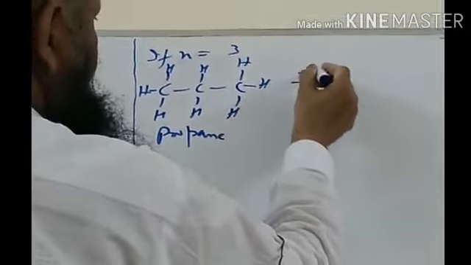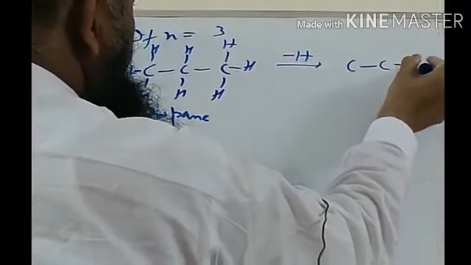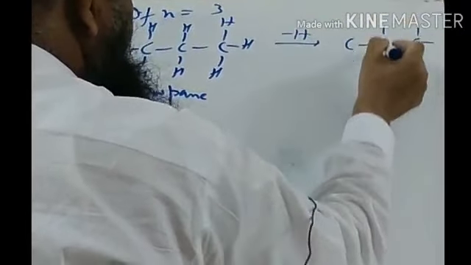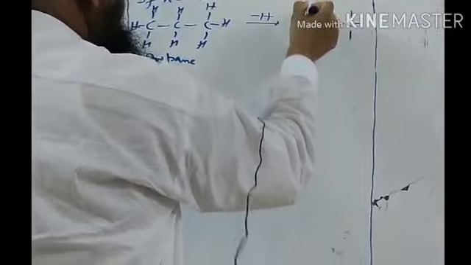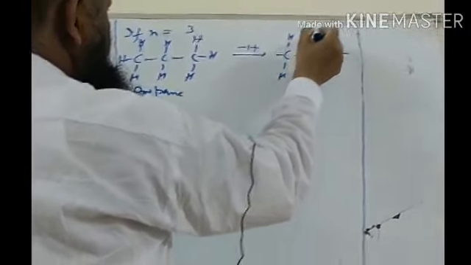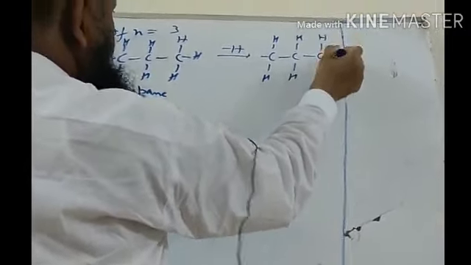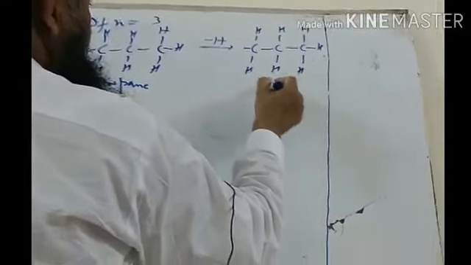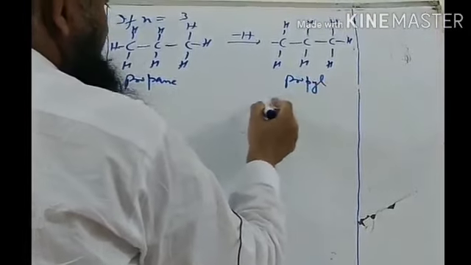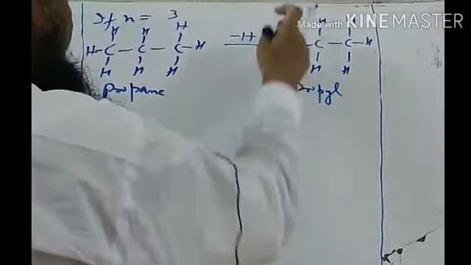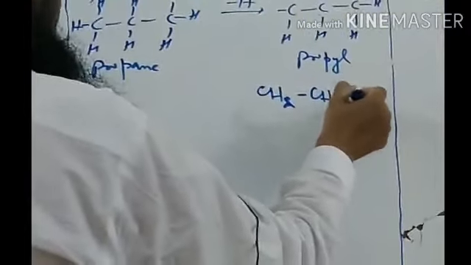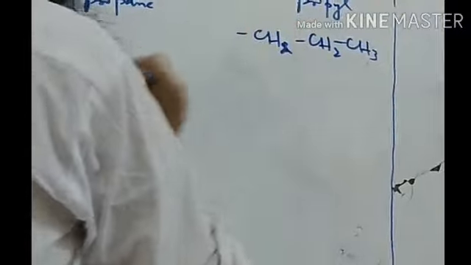So if we remove one hydrogen, we will have this compound. The valency should be 4 anywhere. If I just remove the first one, this is known as propyl. So you can write it as CH2, CH2 and CH3.